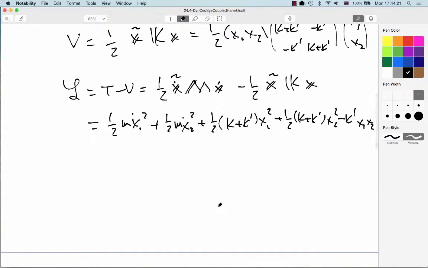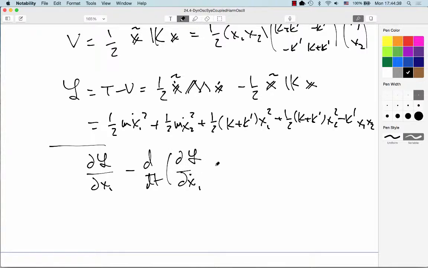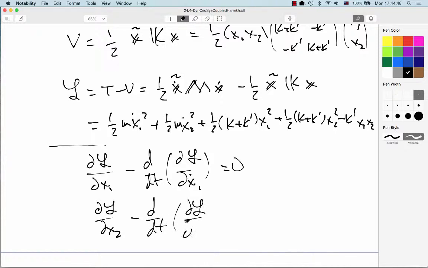Alright, so let's go ahead and start writing Lagrange's equations of motion. That'll be partial L partial x1 minus d/dt of partial L partial x1 dot equals 0, and partial L partial x2 minus d/dt of partial L partial x2 dot equals 0. So that's my system, right?